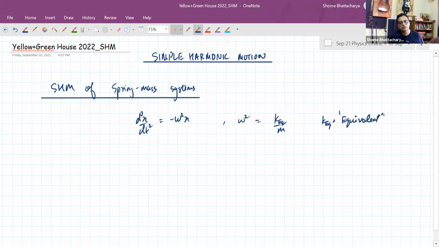So equivalent spring constant, in case of a combination of springs. If it's a single spring mass, then it's just the spring constant.